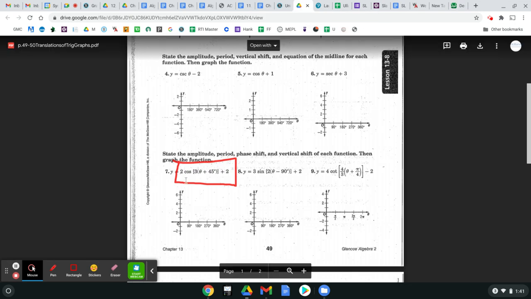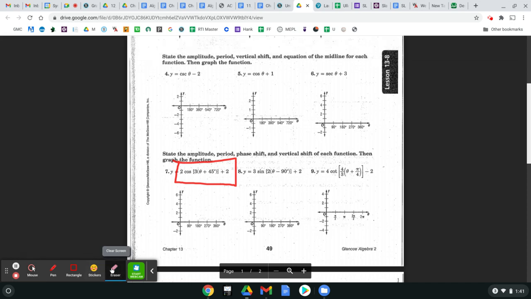So the amplitude, let me clear this real quick. All right, here we go. So the amplitude would be 1. No, we're going to go number 7. The amplitude was 2. Amplitude would be 2.